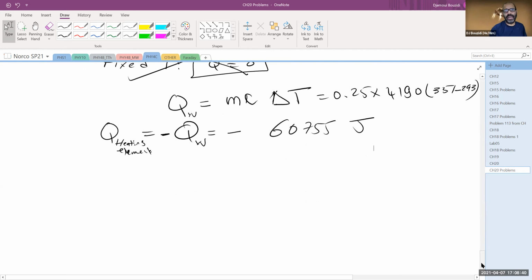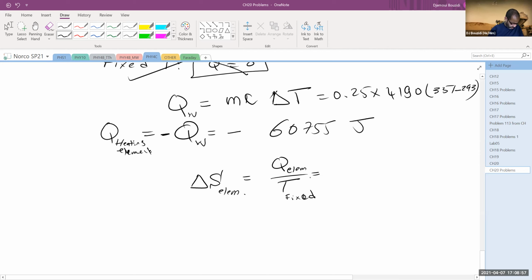So in this case, the change in entropy for the heating element is going to be just Q for the element, divided by its fixed temperature. Its temperature stays the same at, I'm sorry, 120 degrees. T fixed. The water is the one that needs to change.